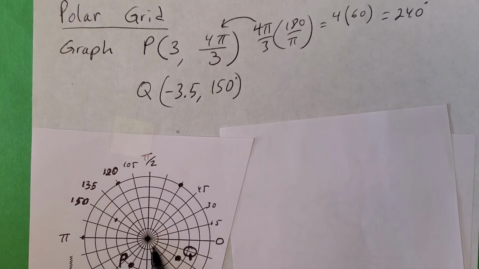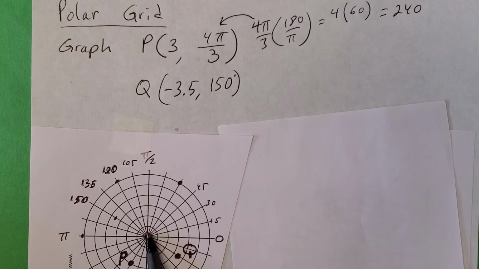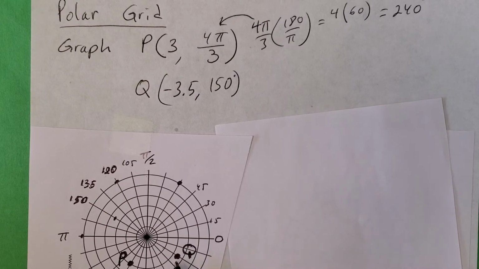There it is, 150. This line right here is the angle 150. Now, if I go this direction, it's positive, right? So it'd be 1, 2, 3, 4. So 3.5 is there. But I need to go the opposite direction because it's negative 3.5. So 1, 2, 3.5, right there. That's point Q.